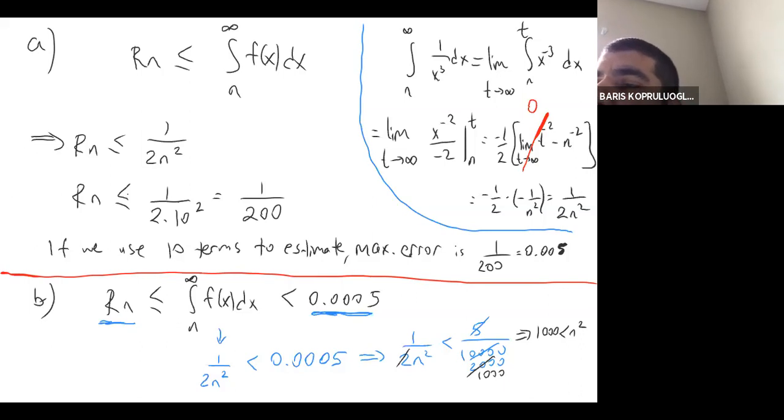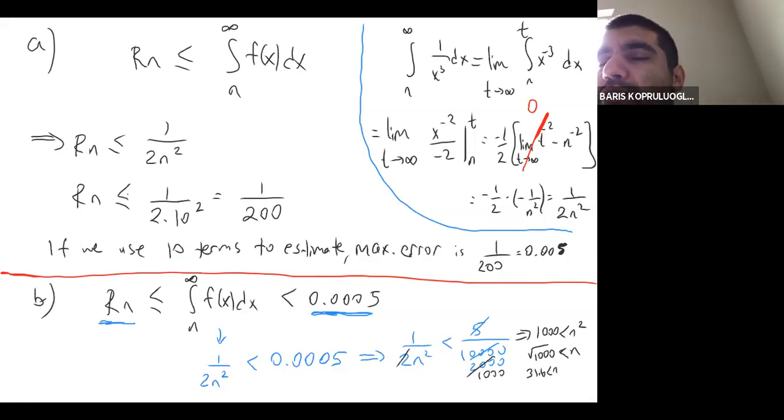Another way to see that, you can just take the square root of both sides. If you use your calculator, I think it's 31.6. So n must be greater than 31.6 to have an error that is less than or equal to 0.0005. n is the number of terms, so we should have at least 32 terms to make sure our error is not larger than 0.0005.